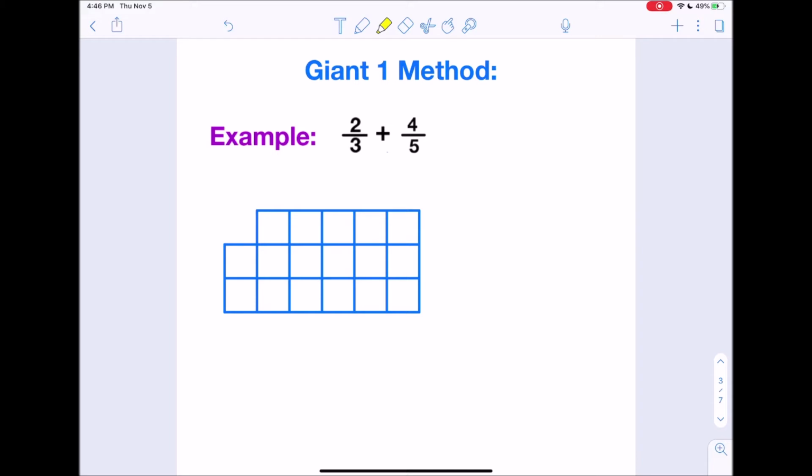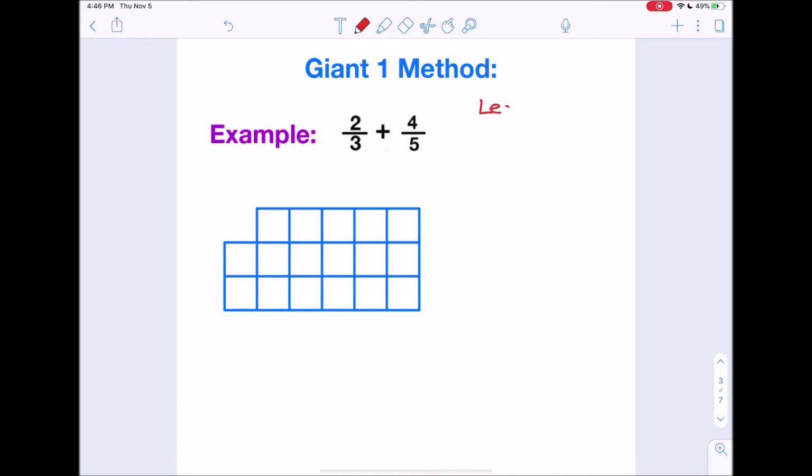So the first method, the giant 1 method, what you need to find is your least common multiple, okay? That means the smallest number that both 3 and 5 multiply into. And the way I like to do it is I draw my little table, okay?